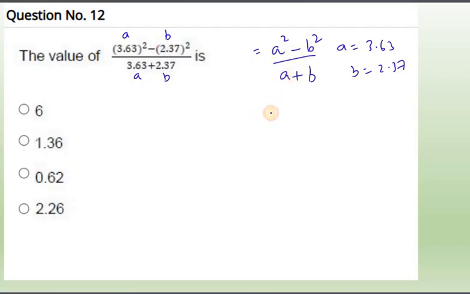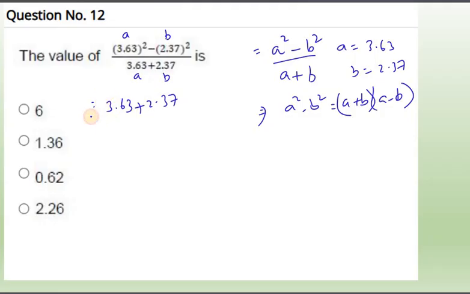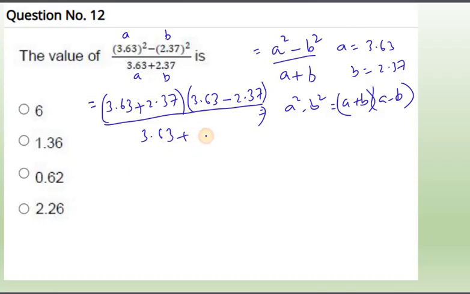So we know A square minus B square means what? There is a formula available. A square minus B square is equal to A plus B multiplied by A minus B. So the same way, A plus B, that is 3.63 plus 2.37, multiplied by A minus B, 3.63 minus 2.37, divided by A plus B, that is 3.63 plus 2.37.